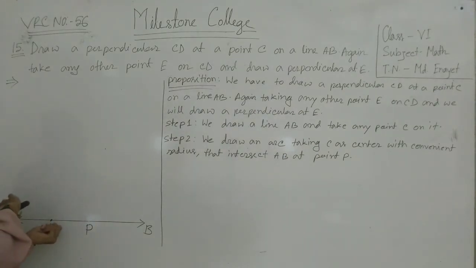This is not fixed, it is up to you. With any convenient radius, we will draw an arc that will intersect AB at point P.